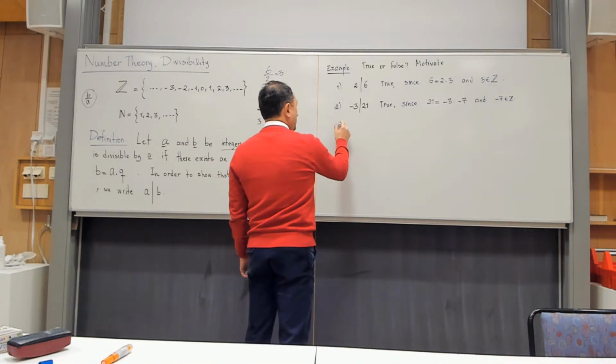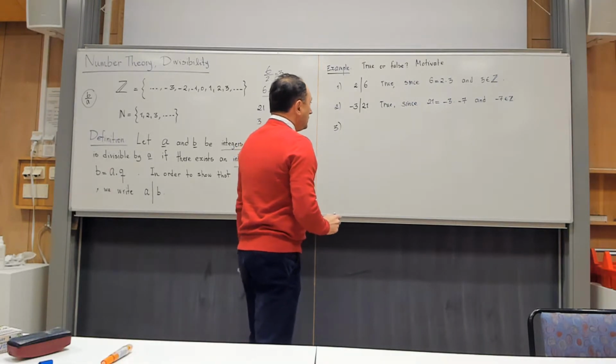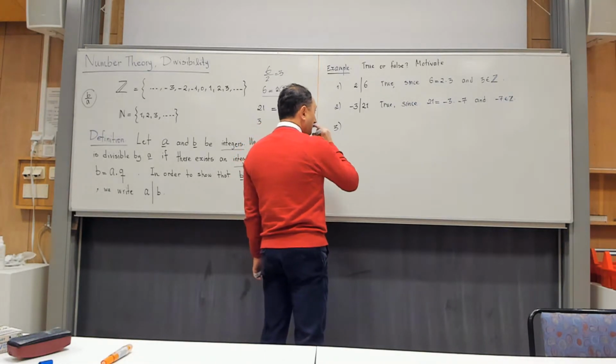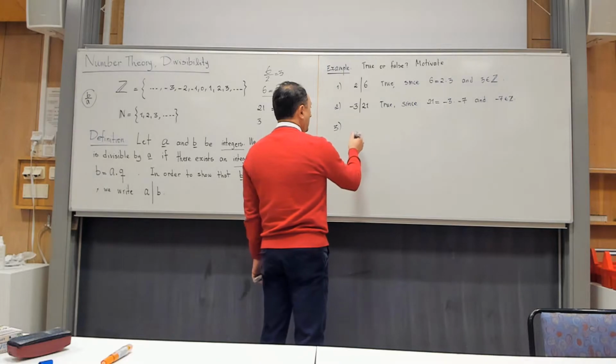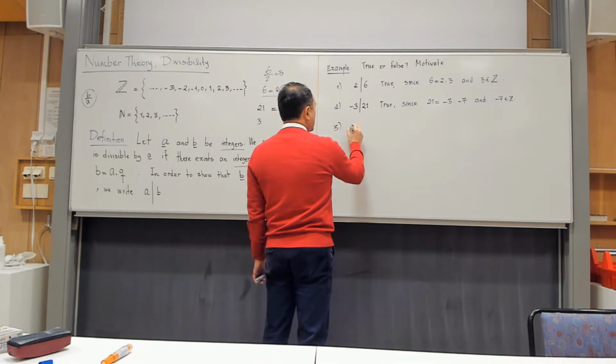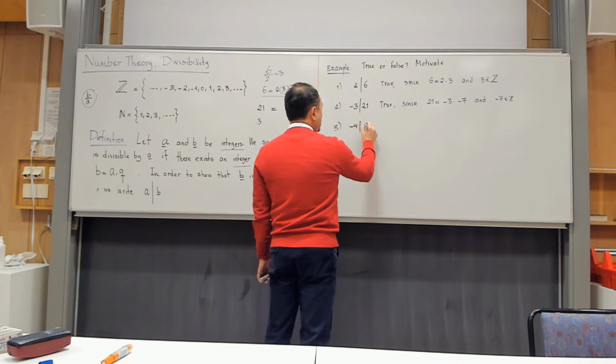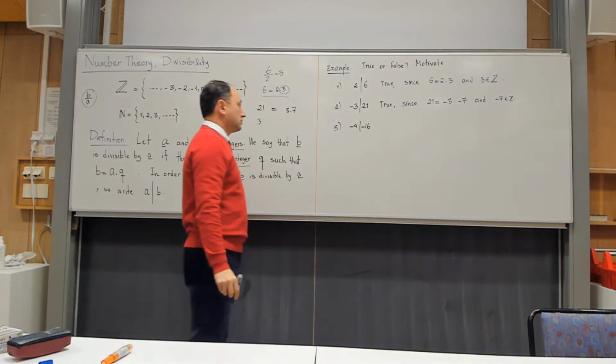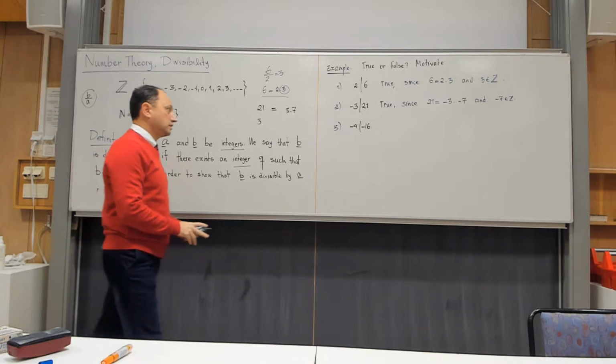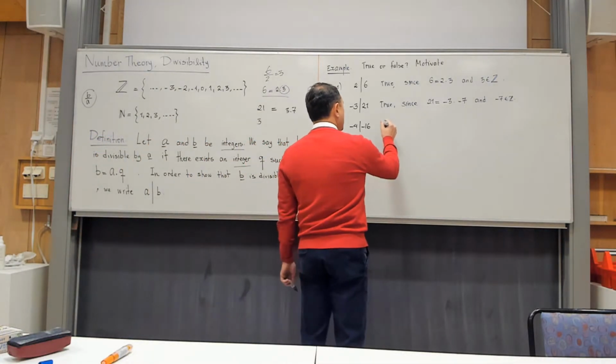So number 3, for example, I can write minus 4 and minus 16. Is that also correct? Yes, so that is also true, but I want you to get used to this way of reasoning.